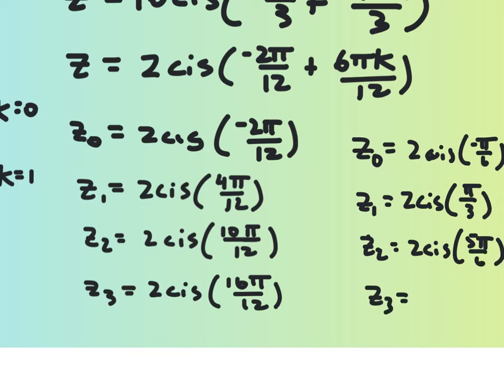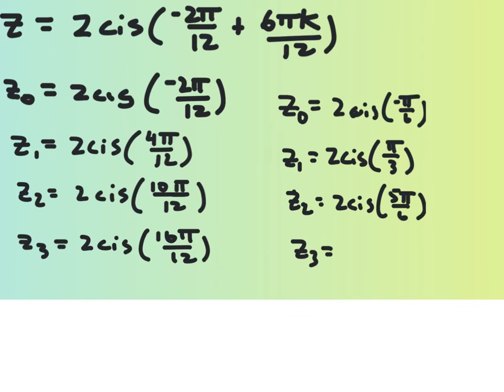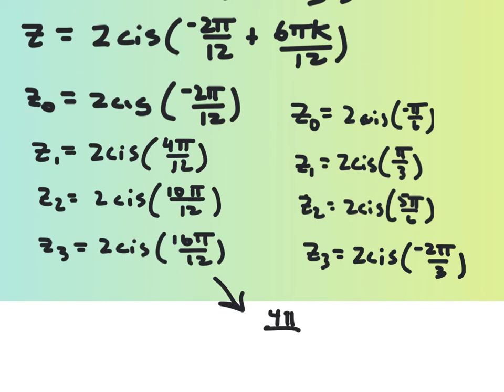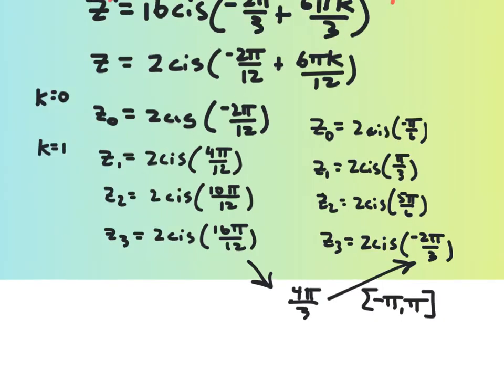And z sub 3 comes right back to where we were, negative 2 pi over 3. Okay, so 16 pi over 12 is 4 pi over 3. But I'm going to write it in this form because, as we know, our answers for these arguments have to be between negative pi and pi. So that's going to work for us.